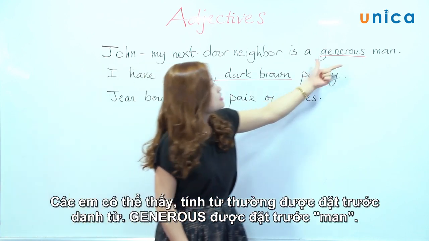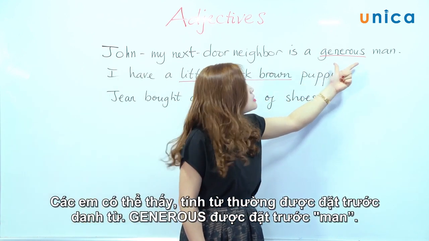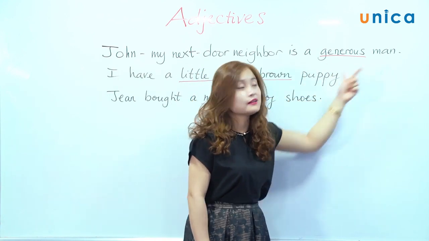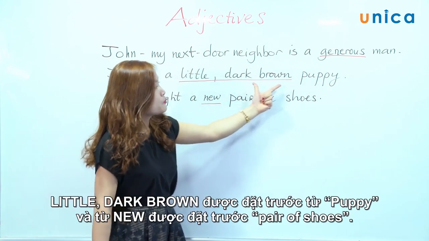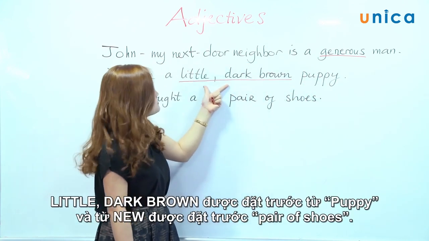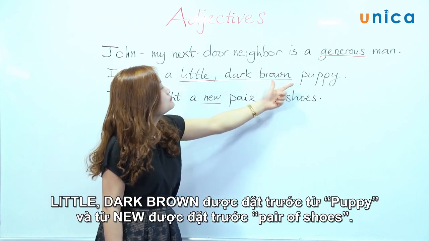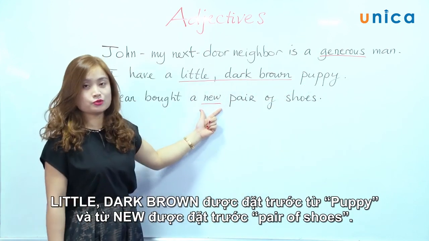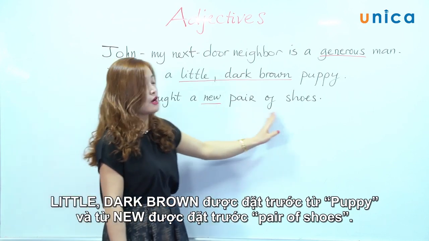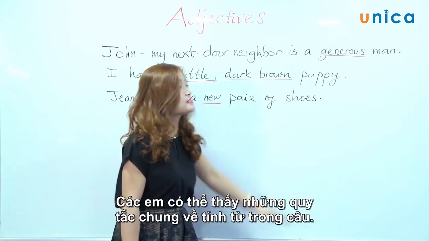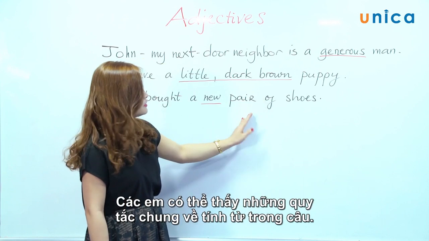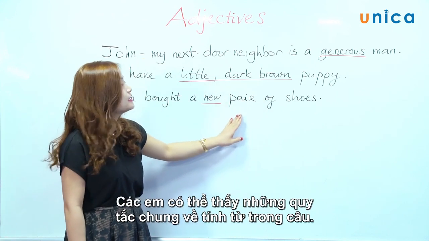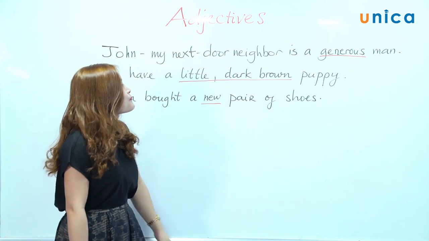You can see generous is placed before the word man. Little dark brown puppy is positioned before the word puppy. And the word new is placed before pair of shoes. So you see the general rule of adjectives in the sentence.